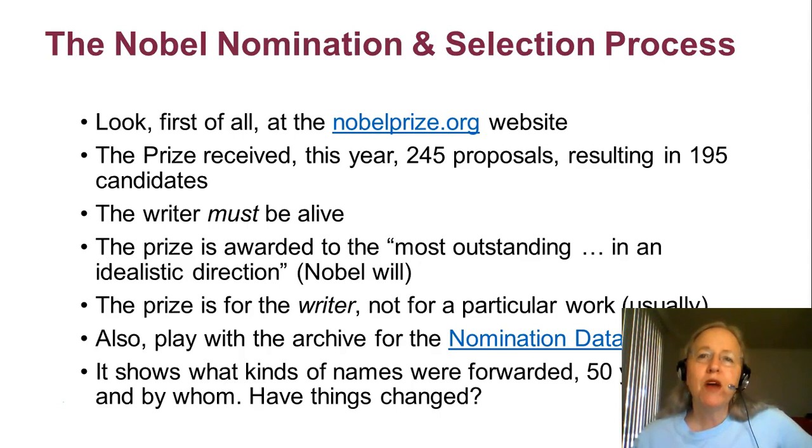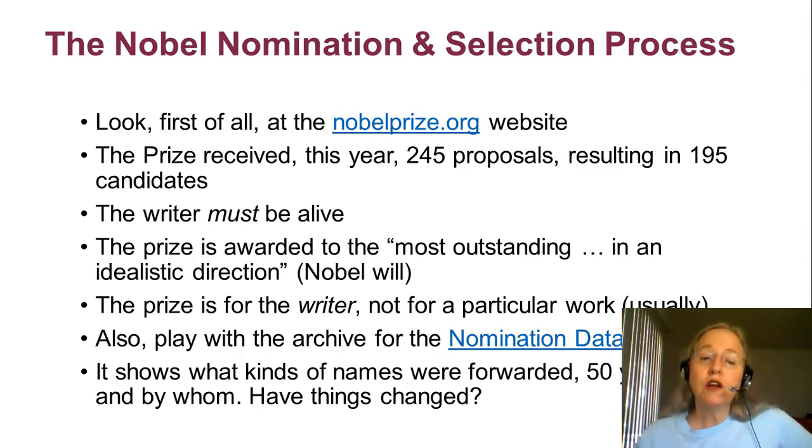It's usually about 20 words, a single sentence, perhaps two, and that may mention individual works, but the prize is given for the body of work. So one of the tendencies among the winners of Nobel Prizes is that they tend to be older. There are some exceptions, but no one under the age of 40 has ever received the Nobel Prize.